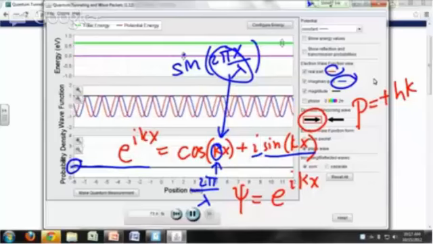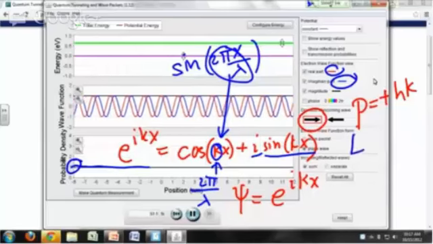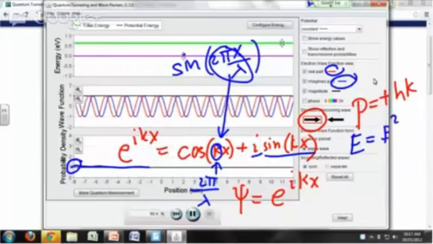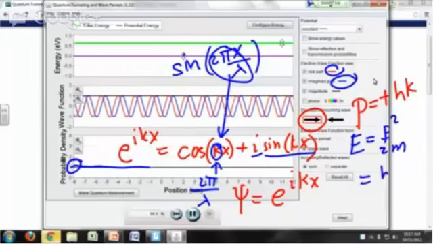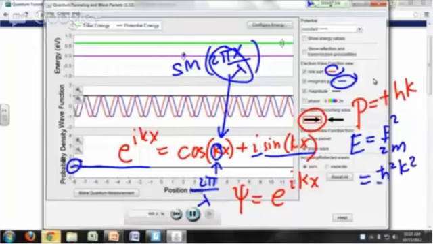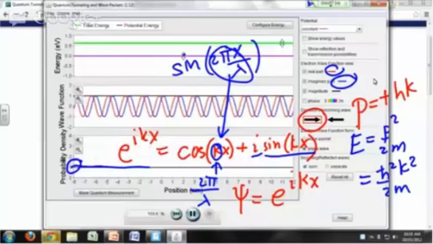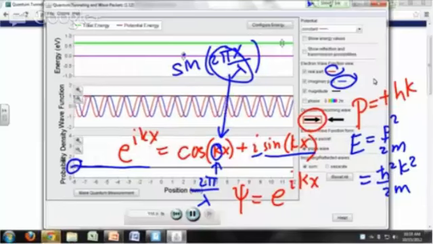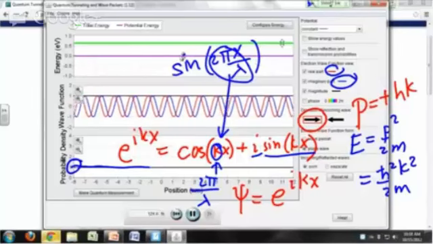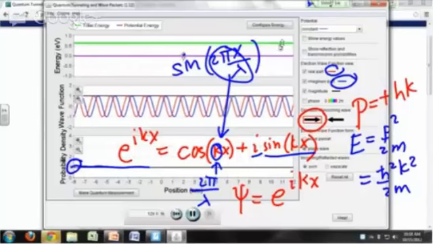Right, so what happens when you increase the energy? What was the energy of a free particle? It's p squared over 2m, right? So h bar squared k squared over 2m. The higher the k, the higher the energy, the higher the momentum. What happens to the wavelengths?